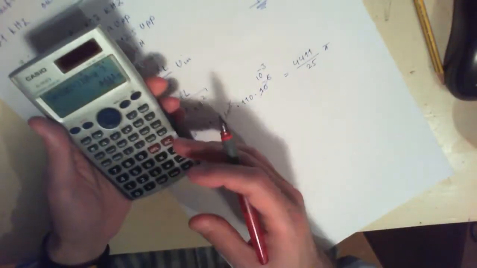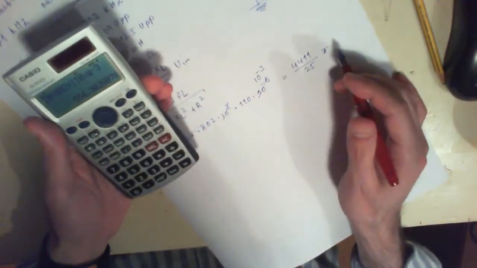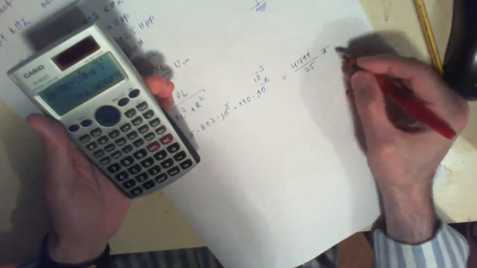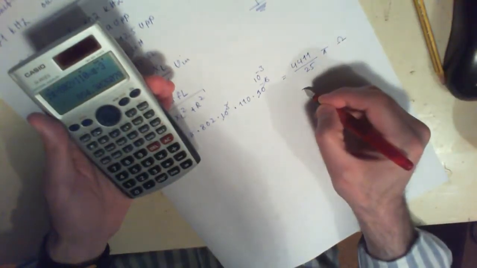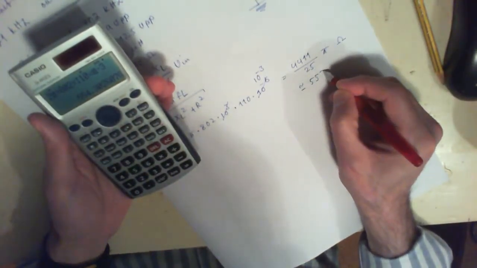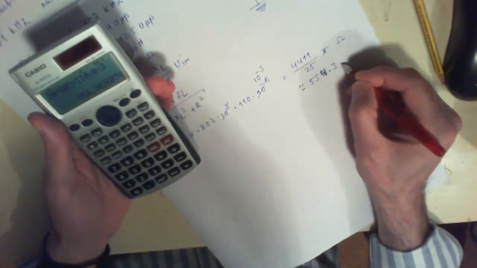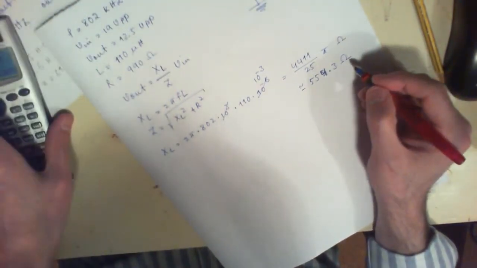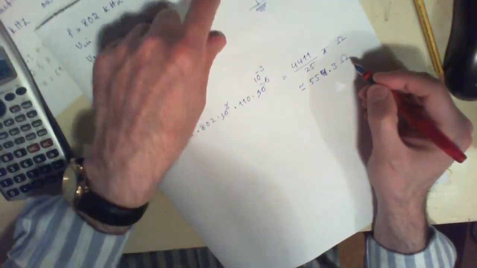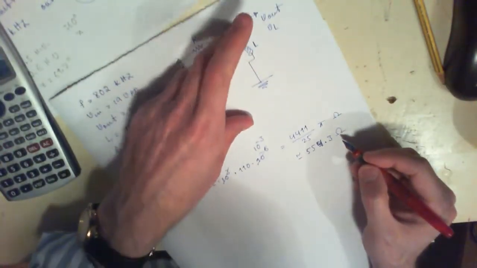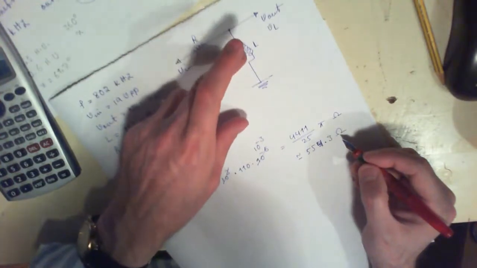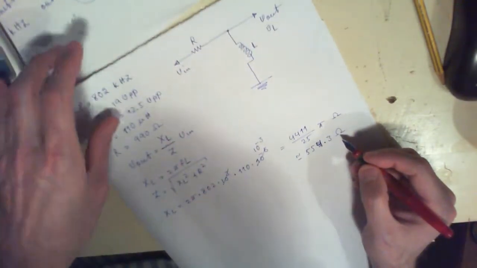An approximation to this would be 554.3 ohm. This is in ohm. That's the resistance of this inductor at this frequency.